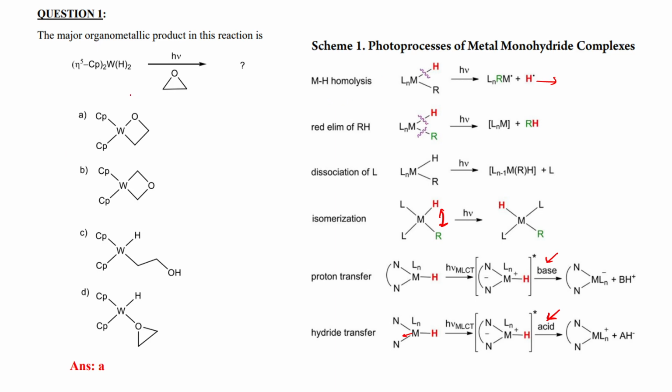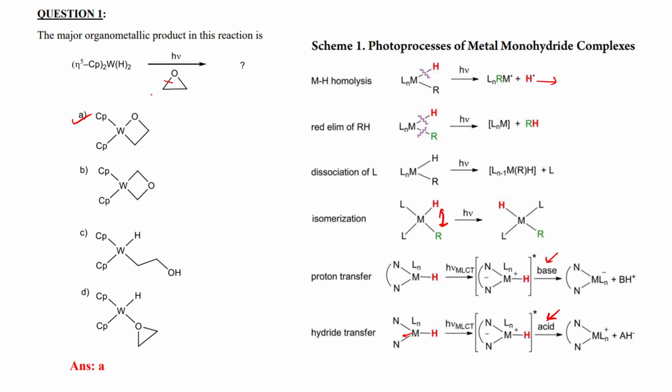So here how things happen is, the right option is C, because two hydrogens, both of them are eliminated. And in this particular bond, it's kind of oxidative addition you can think is happening. So combining this way, you can say that's how it is happening.